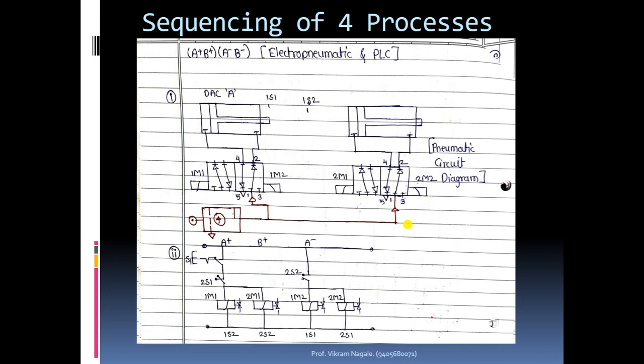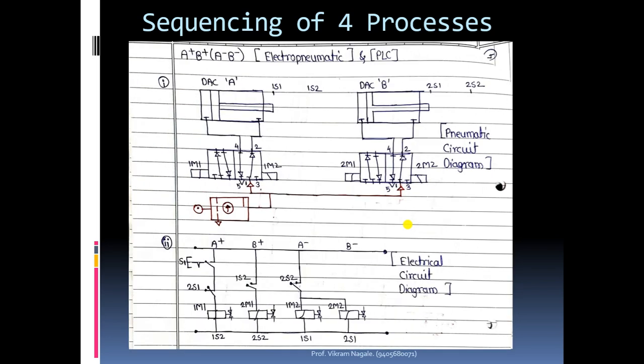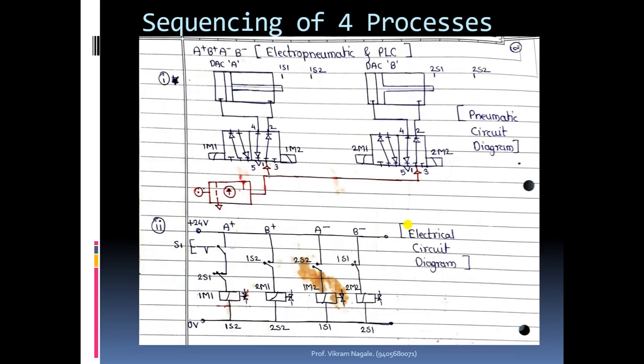Today we'll see one more example on this electro-pneumatic system. In the last session, we have discussed these two circuit diagrams. That is the sequencing of four processes using electro-pneumatic system. So this is the solenoid circuit diagram.